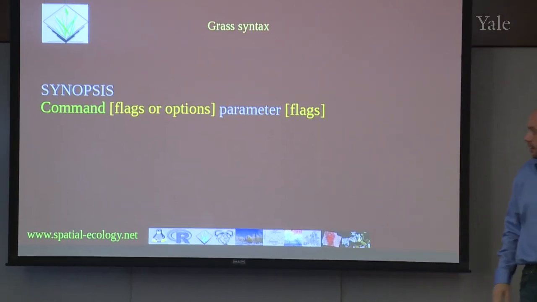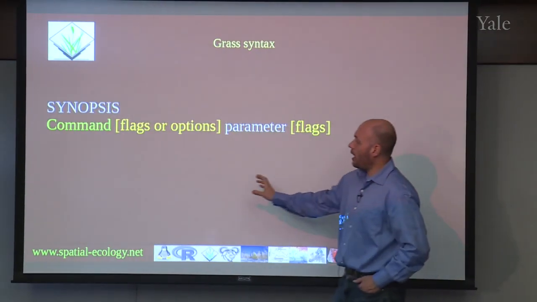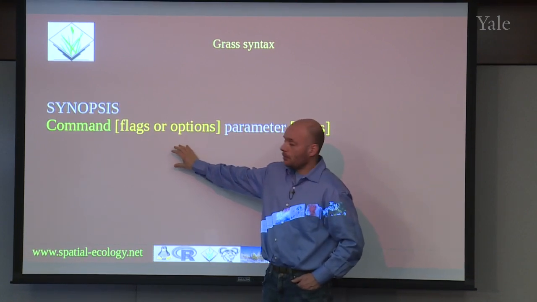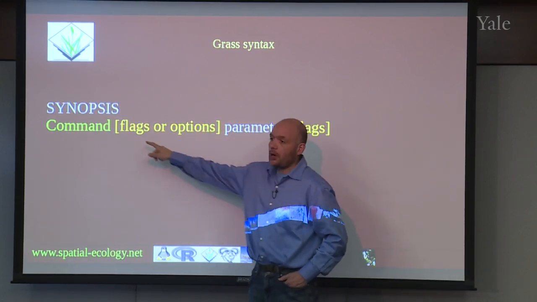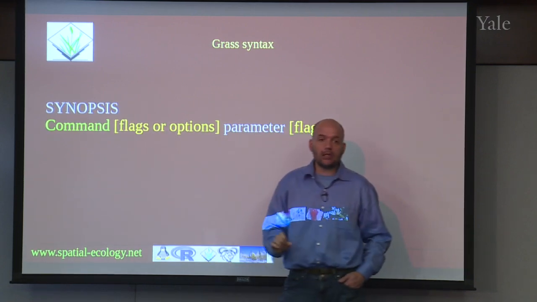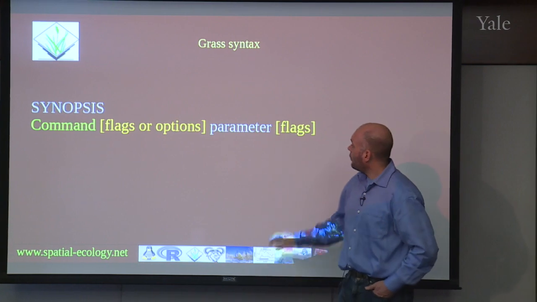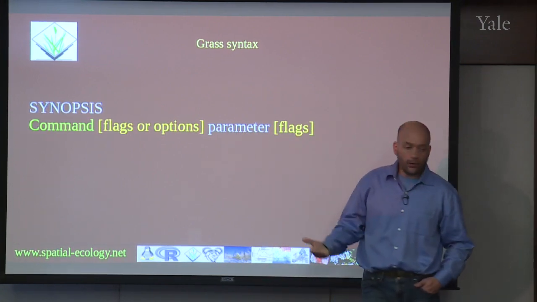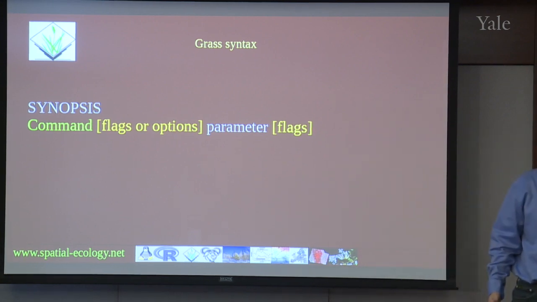So the syntax is always this one. You have a command, you have several flags that are always between square brackets. Whatever is between square brackets means that it is optional. Then a parameter and other flags. So in few words, you see this one.